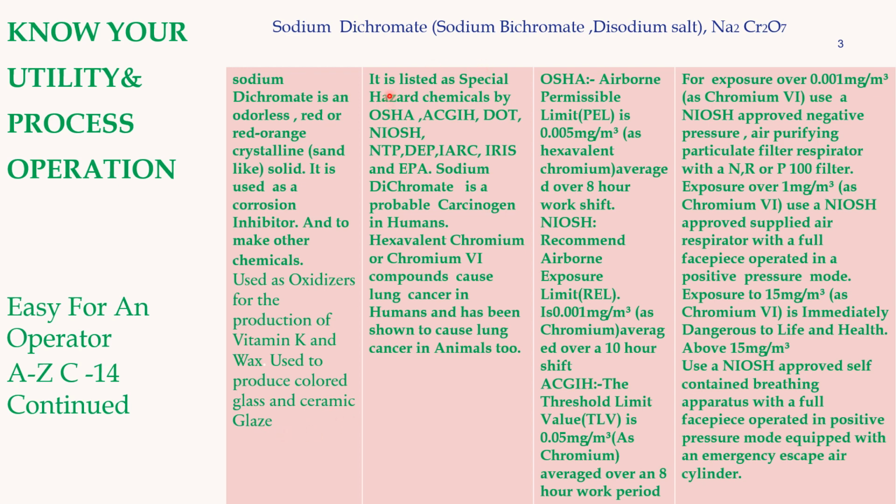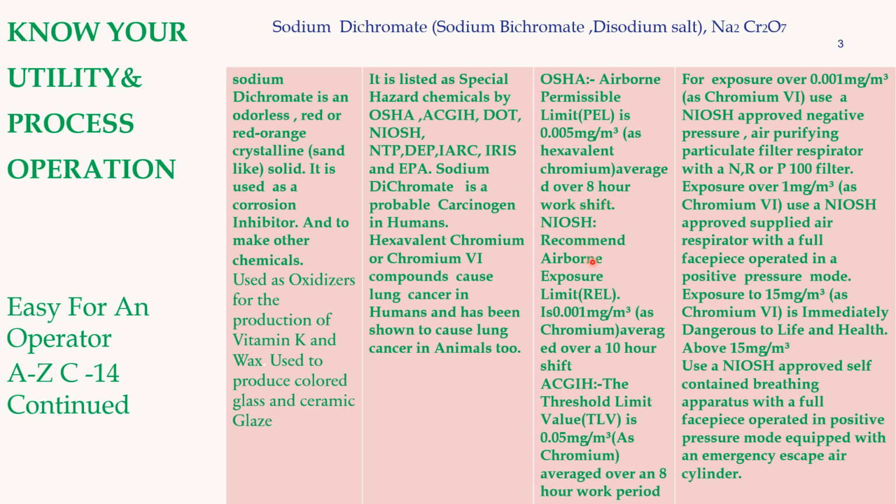It is listed as a special hazard chemical by OSHA, ACGIH, DOT, NIOSH, NTP, IARC, IRIS, and EPA. Sodium dichromate is a probable carcinogen in humans. Hexavalent chromium or chromium 6 compounds cause lung cancer in humans and have been shown to cause lung cancer in animals too. Now we can see the limits. As per OSHA, the airborne permissible limit PEL is 0.005 mg per meter cube as hexavalent chromium averaged over an 8-hour shift.